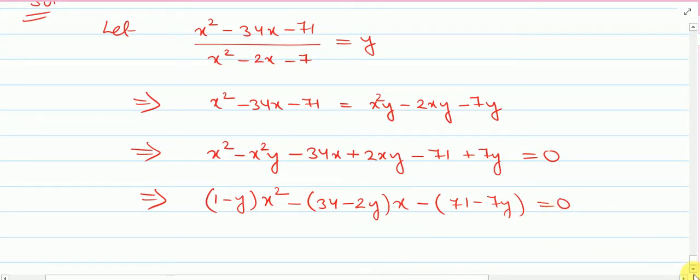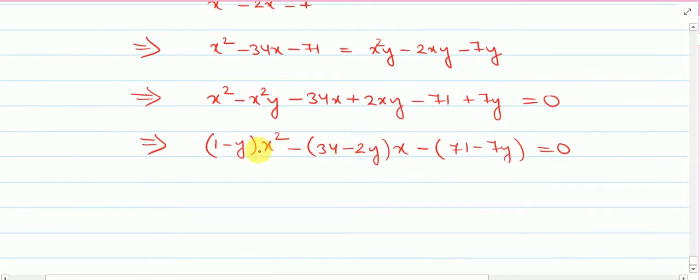So here what do we observe? We observe that this is a quadratic equation in x. I put this as equation 1.